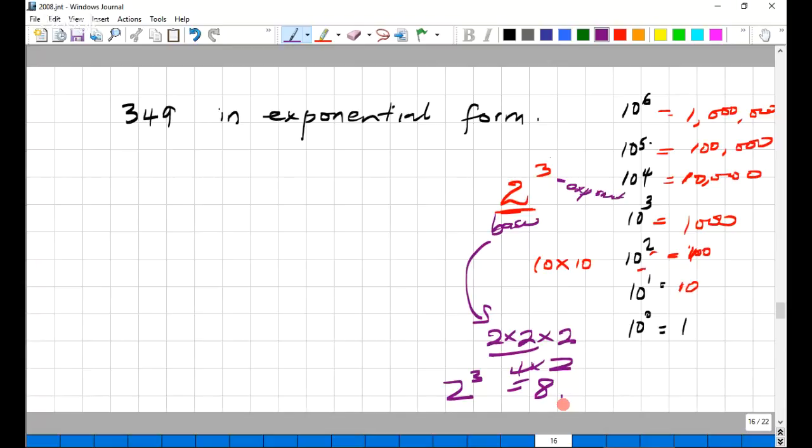Okay, Tali, now that we have reviewed that, let's go to 349. How do we write this out? Let's go place value. 300 is actually what? 3 times 100, plus 4 times 10.